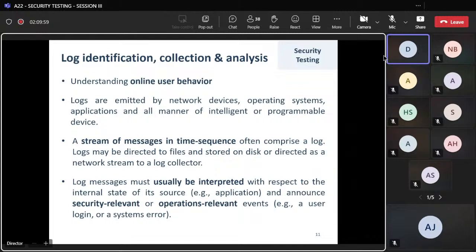And usually the log messages will be interpreted to understand what a specific event is, based on the source. It could be from the application, what's happening in that particular application, or it could be security-related events, or operations-relevant events. Sometimes the user will trigger some activities, and even that will be recorded in the system logs.